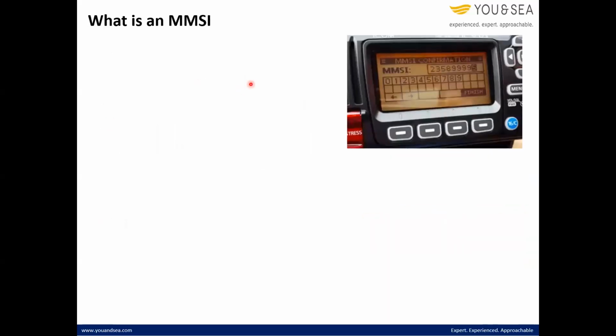So with an MMSI, every single DSC radio will have an individual MMSI number. You will not have 2 radios with the same MMSI as things stand at the moment. There was a rumour a few years ago that Ofcom were running out of MMSI numbers, but that rumour hasn't surfaced for a few years. We can tell a number of things from the MMSI, and the one thing we can, with this little box up here, is the first 3 numbers.